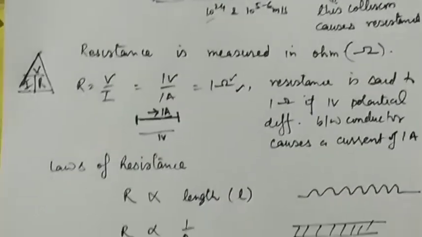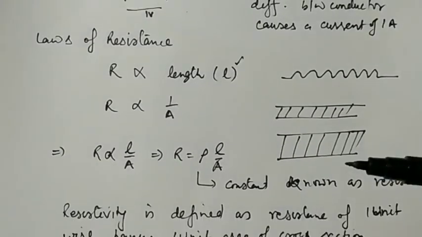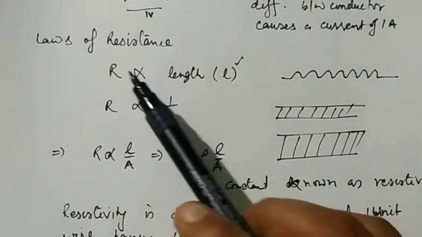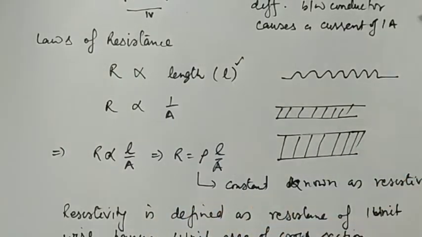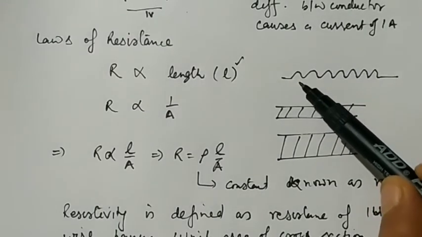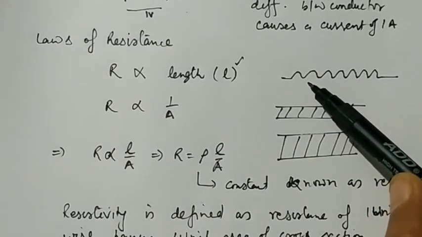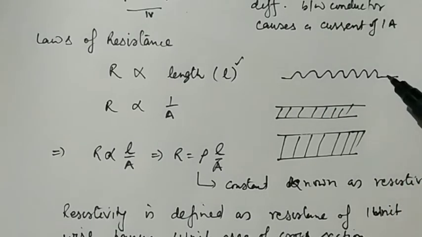Now let us do the laws of resistance. Laws of resistance means the factors on which the resistance depends. The first: resistance depends upon the length of a conductor. As we know, if you are going on the road and the speed breakers cover a longer distance, then your bike speed gets slowed down.